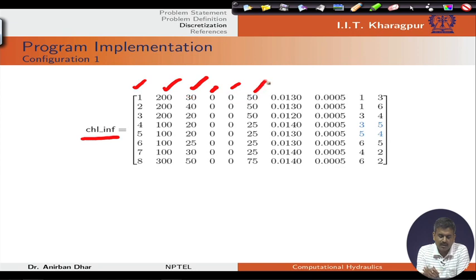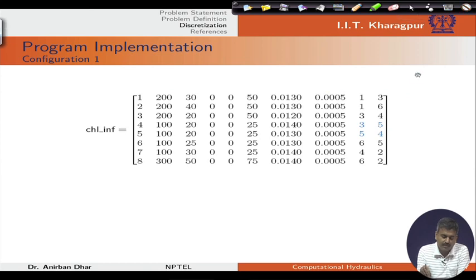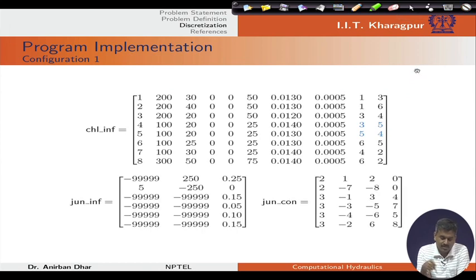The sixth is the segment length, then N, then S naught, and the last two are junction node number 1 and junction node number 2 for any channel reach. That means the channel is connected from 1 to 3, 1 to 6. Next information we require is the junction information, in which we can include the boundary condition, and in the last column we provide the elevation values for different junctions.